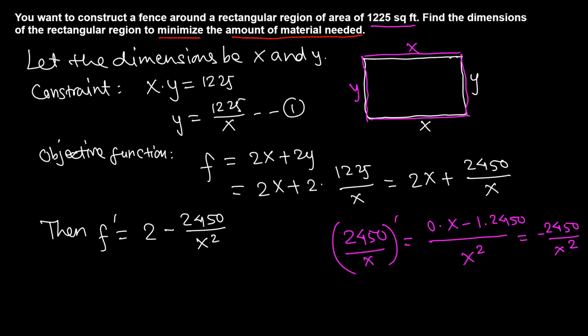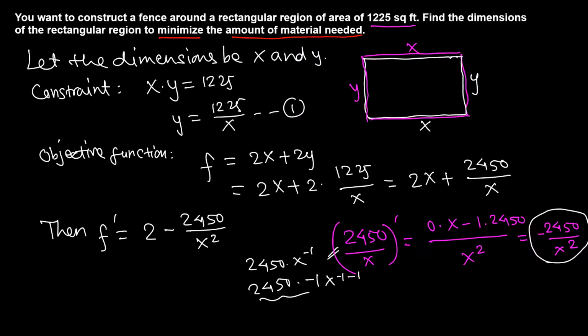We don't have to use the quotient rule. By the way, 2450 over x is the same as 2450 times 1 over x, which is x raised to negative 1. Now we can use the power rule. The derivative of x to the n is n times x to the n minus 1. So 2450 times negative 1 is negative 2450 times x raised to negative 2, and put that on the bottom, then we get this. Anyway, this is the derivative.